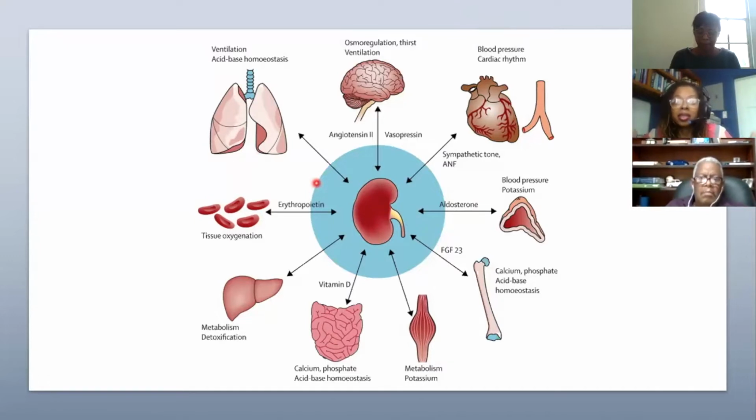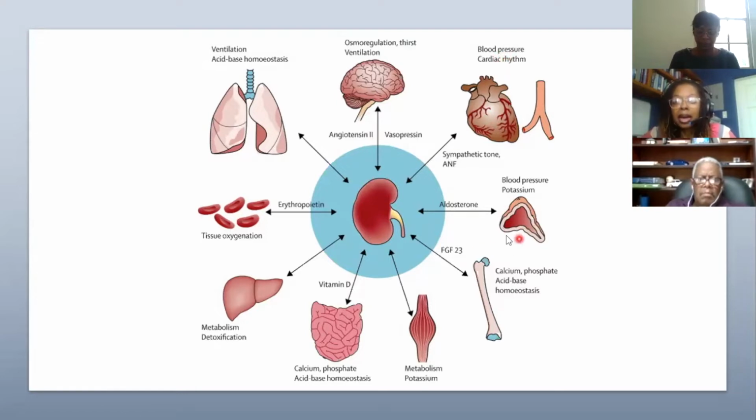So homeostasis is just keeping things the same. It interacts with your brain, regulating your thirst and your breathing, along with hormones that are secreted. Interacting with the heart, it has an impact on your blood pressure and your heart rhythm.